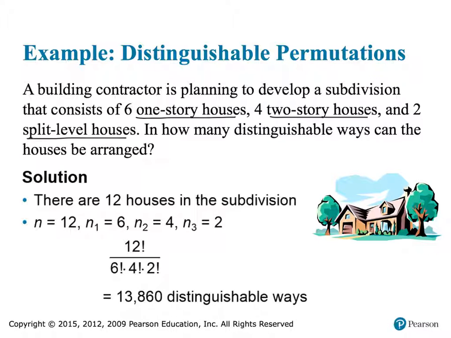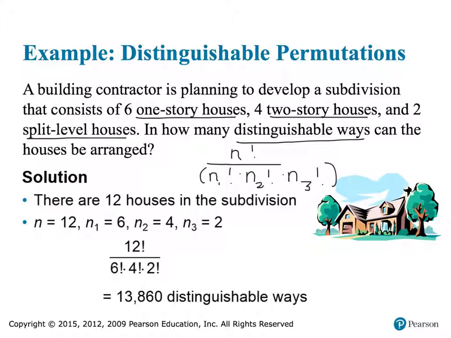And we want to determine in how many distinguishable ways the houses can be arranged. Well, the basic rule is take n factorial and divide it by the product of n1 factorial times n2 factorial times n3 factorial.